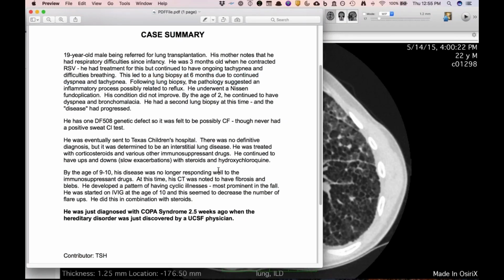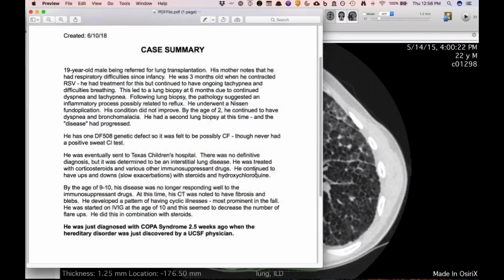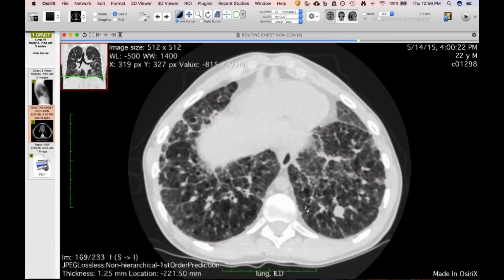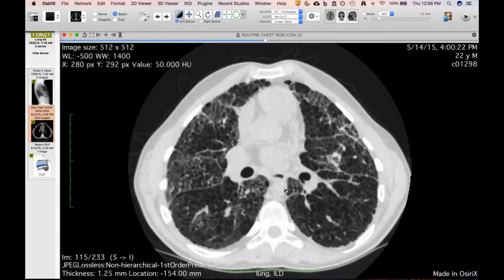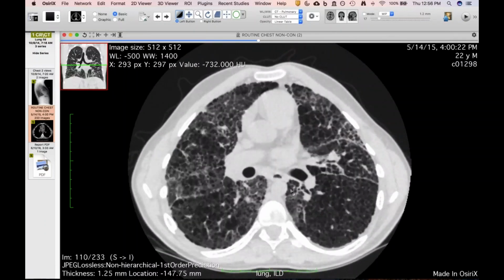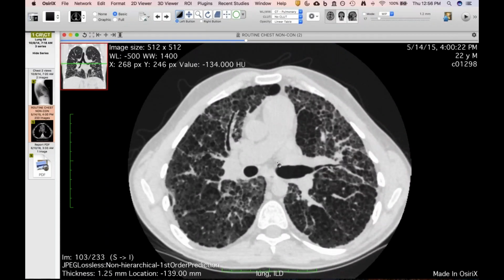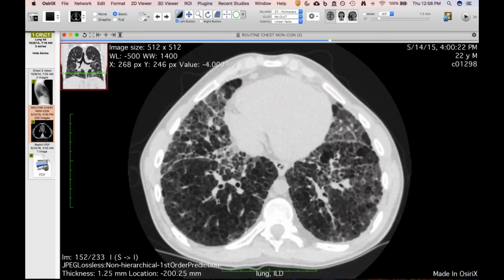So we had a couple of other connective tissue disease patients here that are in their 20s, and I sort of scoured the literature trying to find this cystic disease described, because I haven't been able to find it. I assumed that it was related to follicular bronchiolitis, but I'm wondering if we ought to write something like this up, because as far as I can tell, it's not in the literature.